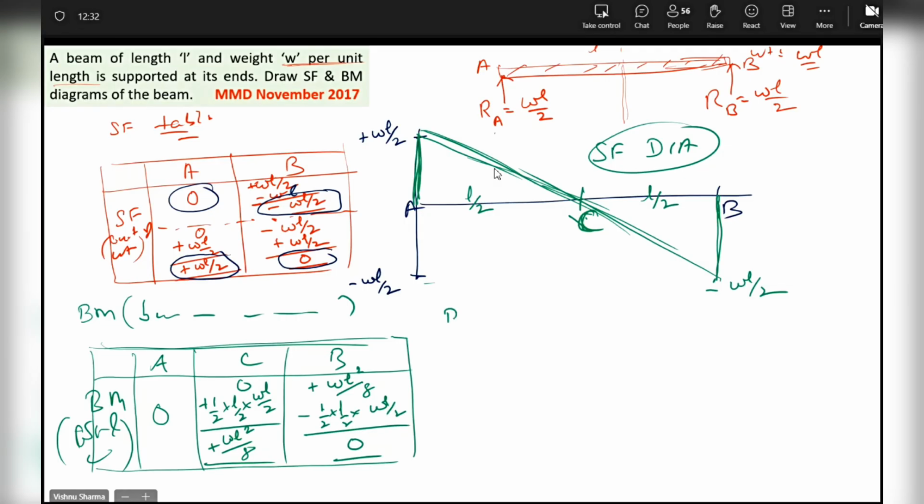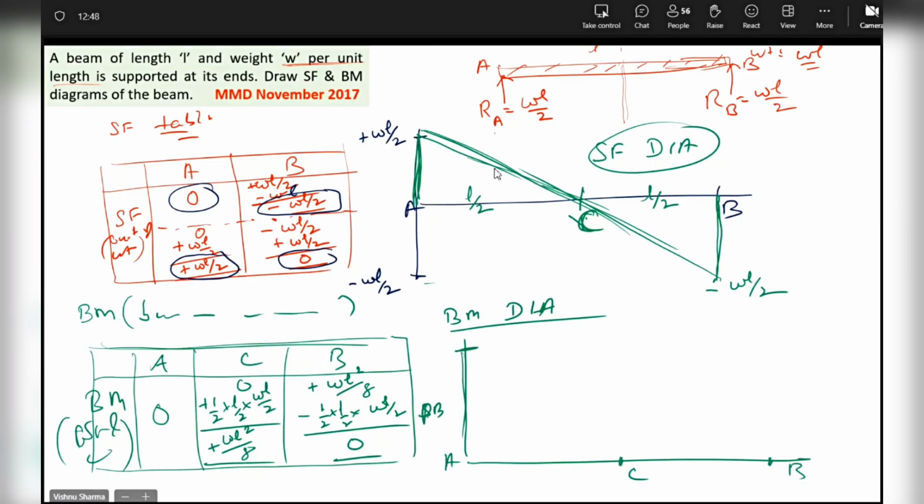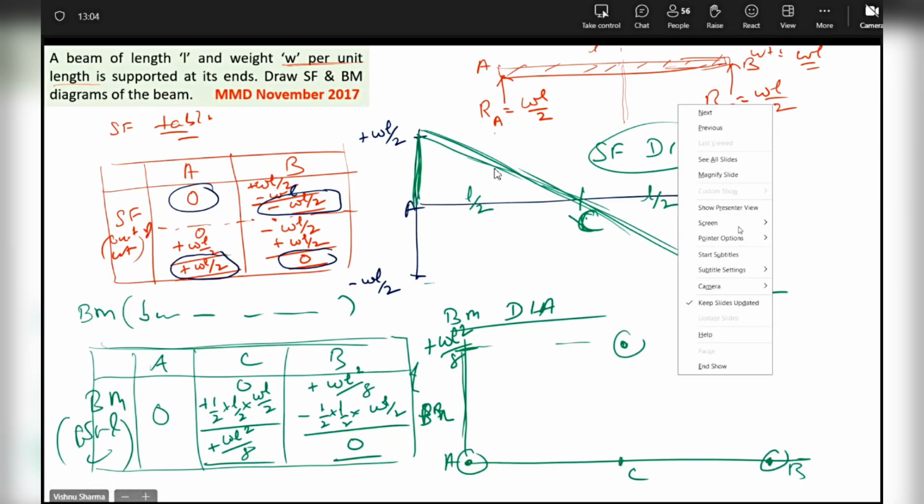Now we come to the BM diagram. It's only plus, so there is no need of having anything down below. A, midway C, same distance B. You can take any scale here. BM is here. So this is plus WL square by 8, guys. It is 0 at A, WL square by 8 at C, and 0 at B. We now just need to shape the BM diagram.